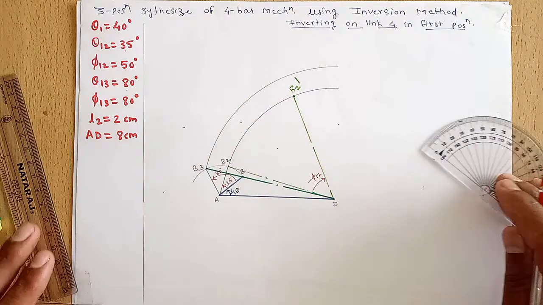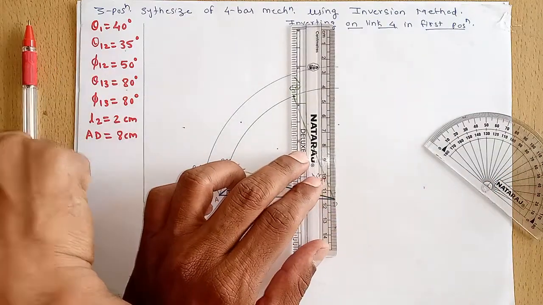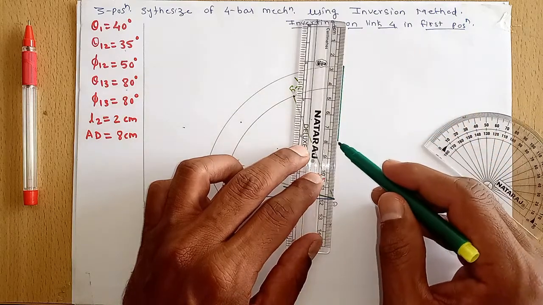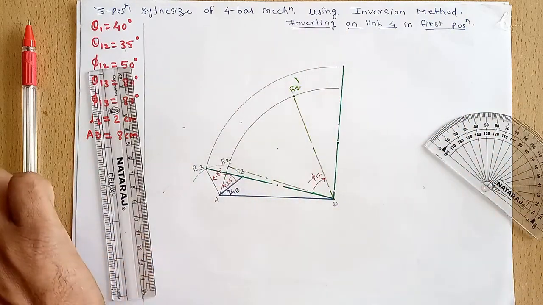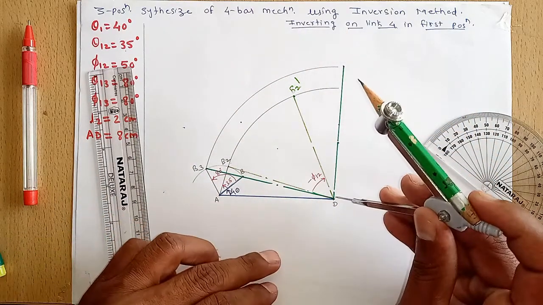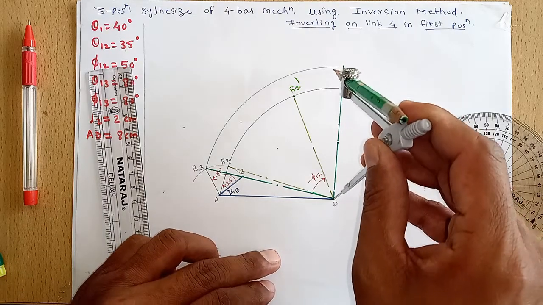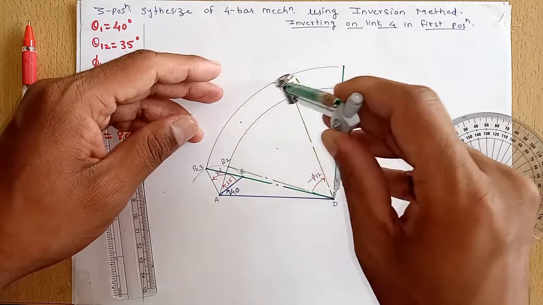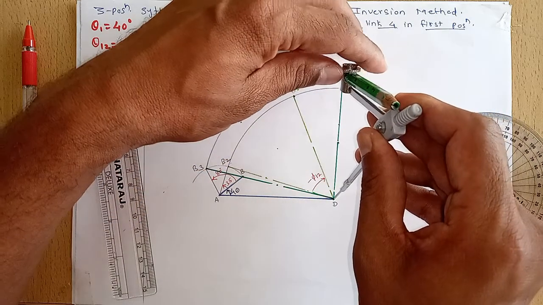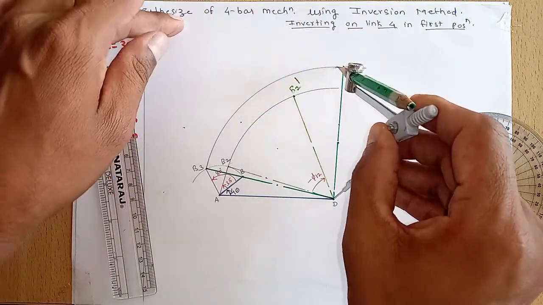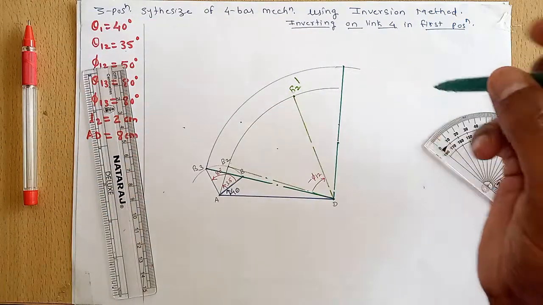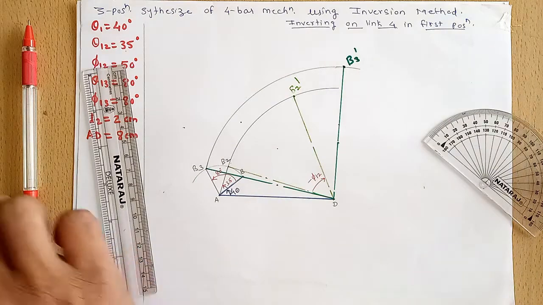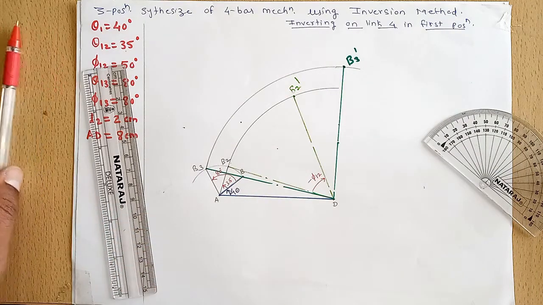So here is 80 degrees. So we get point B3 dash. We'll name this point as B3 dash, the inverted position of B3.